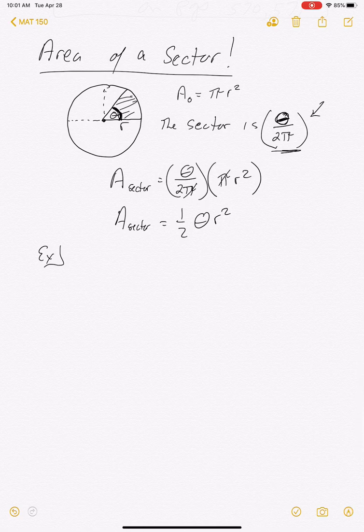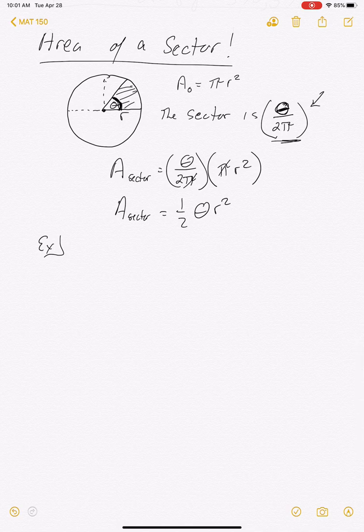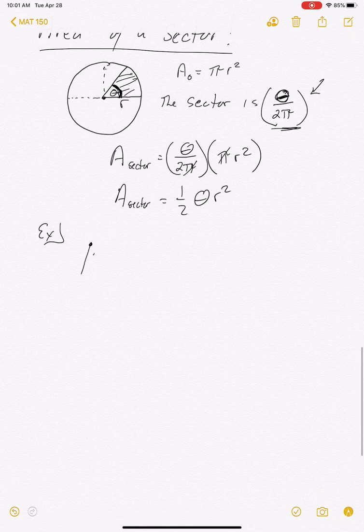Suppose we have this water irrigation, and it's 321 meters, and we're talking about 15 degrees.